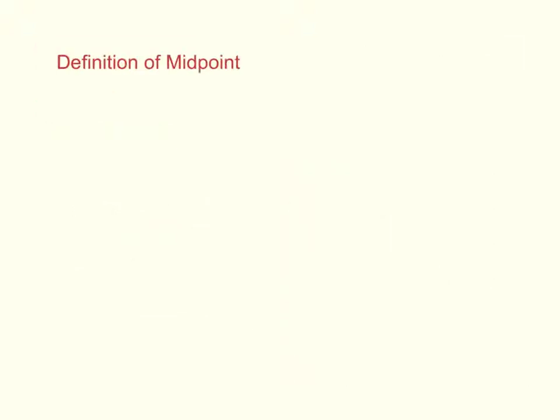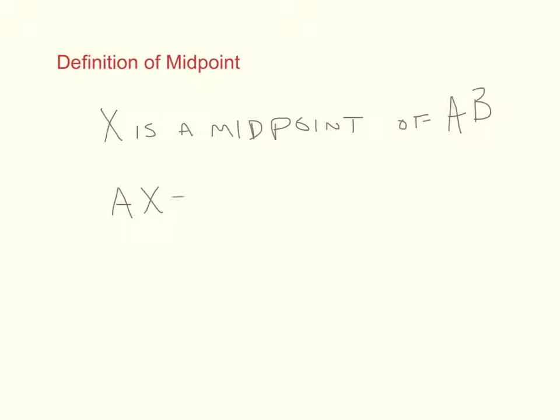Next one, definition of a midpoint. If we say X is a midpoint of, let's just do AC or AB, we can say that AX equals XB or BX, it doesn't matter.